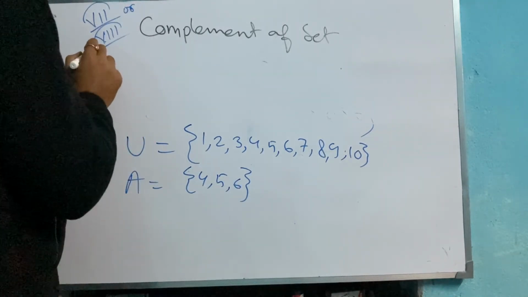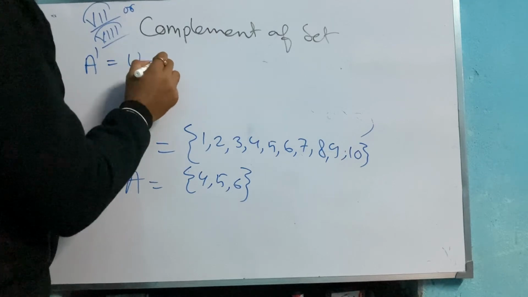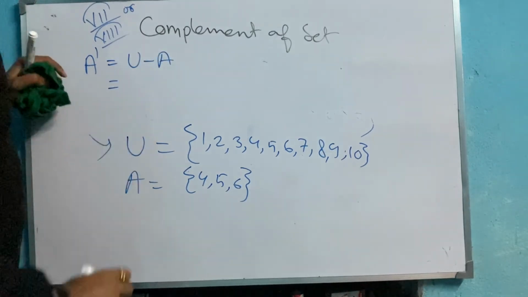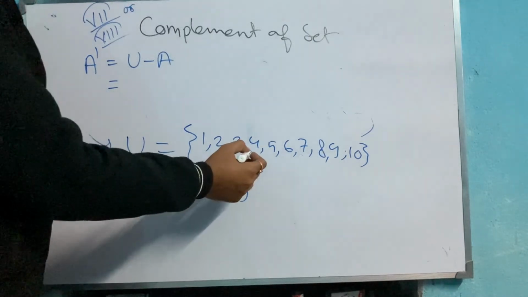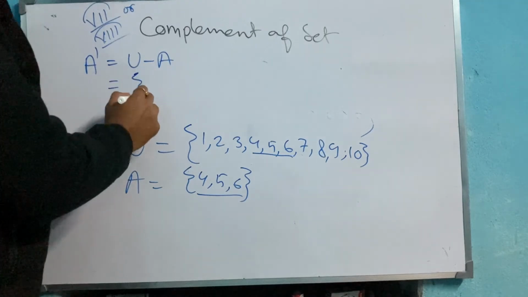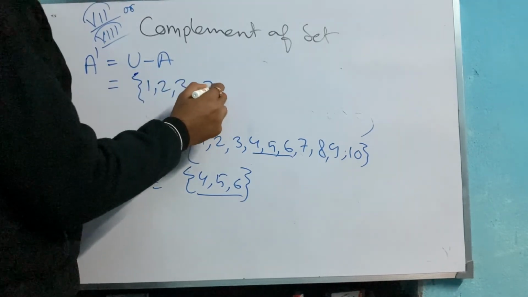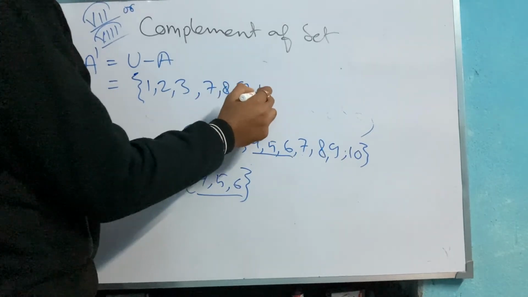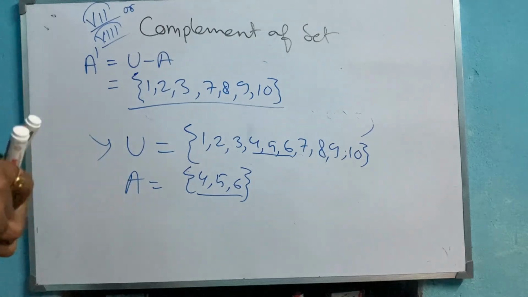The complement of set A is written with a dash, A dash, that is U minus A. Now 4, 5, 6 are common, so U minus A will be 1, 2, 3, 7, 8, 9, 10. This will be the complement of the set.